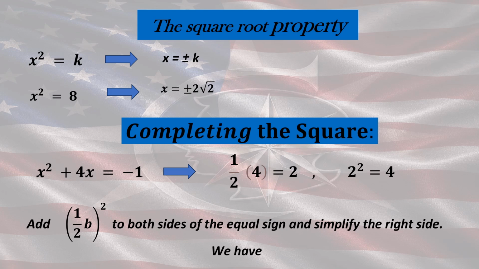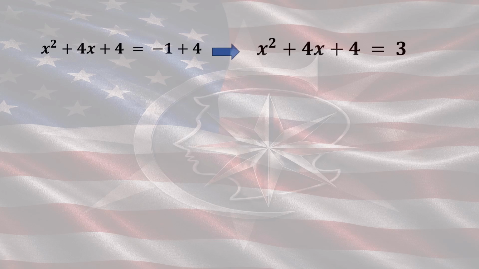Multiply the b term by 1/2 and square it. 1/2 times 4 equals 2. 2 squared equals 4. 3. Add 1/2 b squared to both sides of the equal sign and simplify the right side. We have x squared plus 4x plus 4 equals negative 1 plus 4. X squared plus 4x plus 4 equals 3.